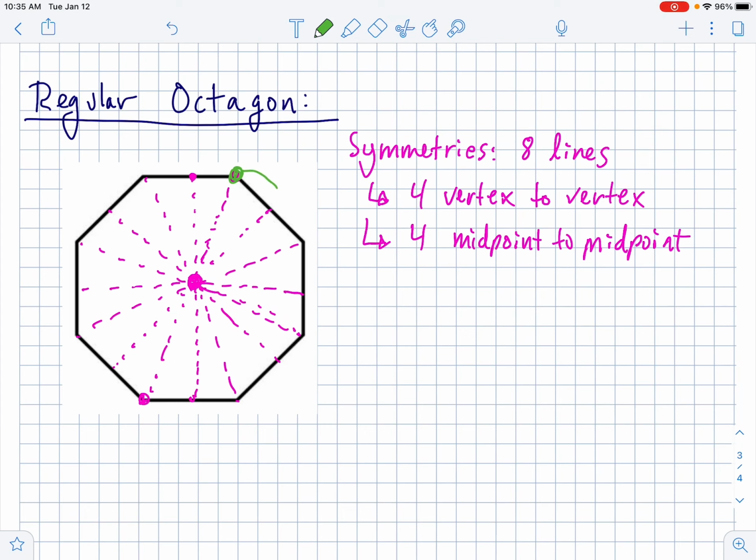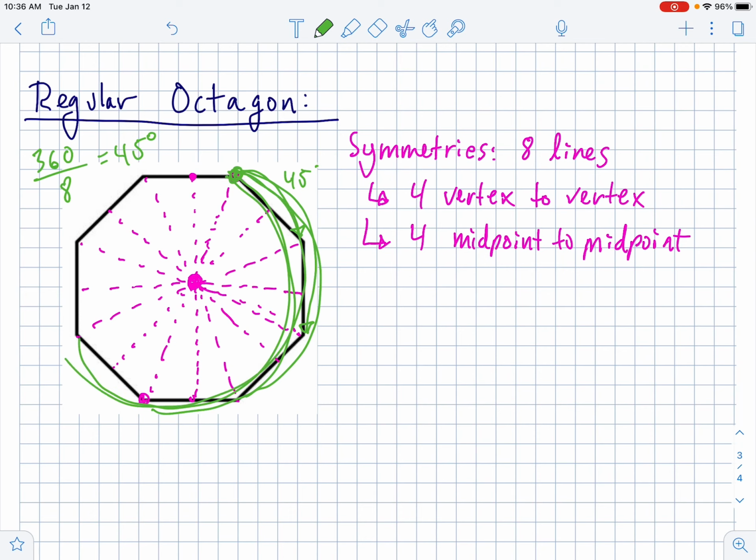Now, let's talk about rotations. If I grab this corner and turn it this far, I'll get the same shape again. So if I take 360 and divide it by 8, what is that offhand? Oh, that's 45 degrees. That makes sense. So this would be 45, and then this would be 2 45s, and this would be 3 45s, and 4 45s, and 5 45s, and 6 45s, and 7 45s.